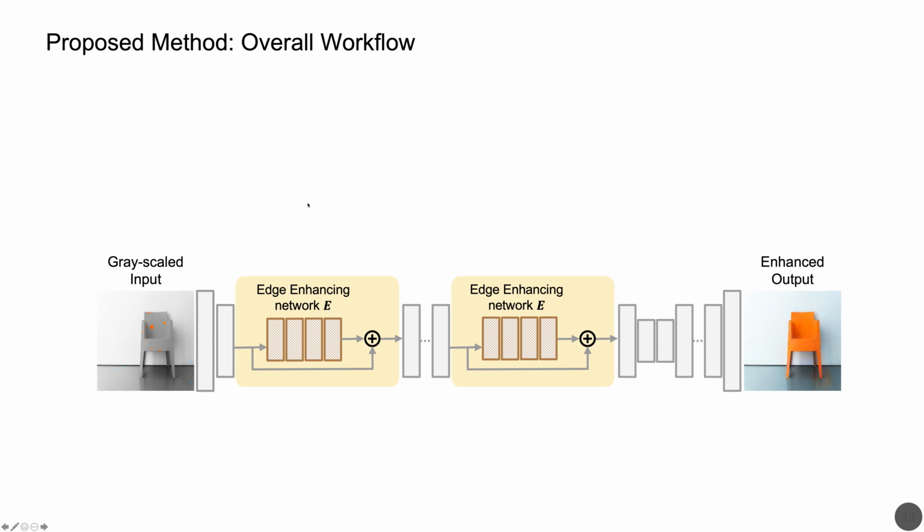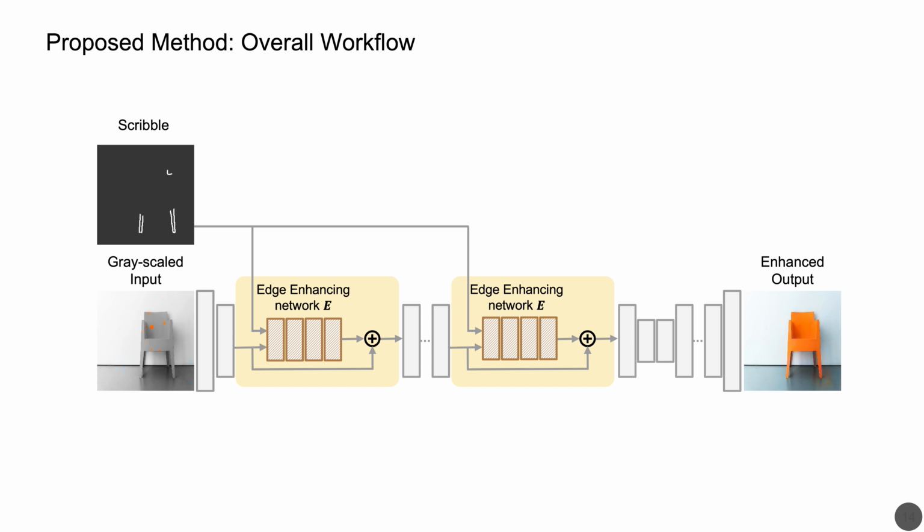Such a network is composed of a few convolutional layers and refines the intermediate activation maps to obtain enhanced edge-aware features. Note that we applied edge enhancing networks in multiple layers of the colorization network for enhancing both low and high level representations.